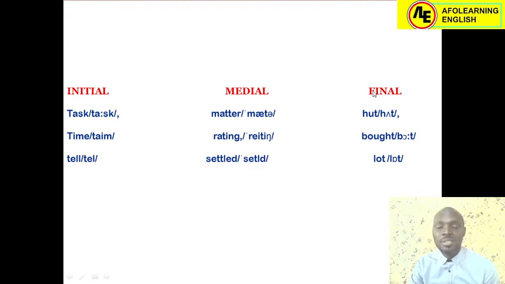At the end of words, you can find this sound in words like art, bought, and lot. It's also important for you to practice these sounds with other English words that contain the voiceless alveolar plosive.